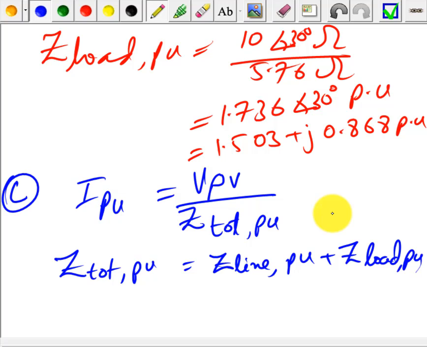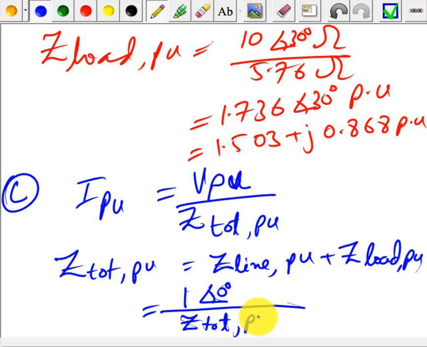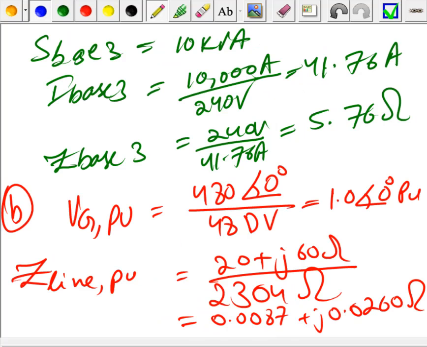Now that will be quite easy to find. V per unit is, we know, given as 1 with angle 0 degree, and this Z total per unit is the sum of Z load per unit and Z line per unit.